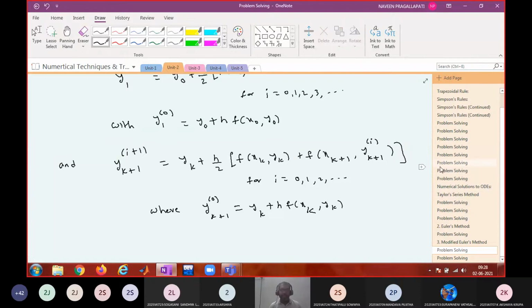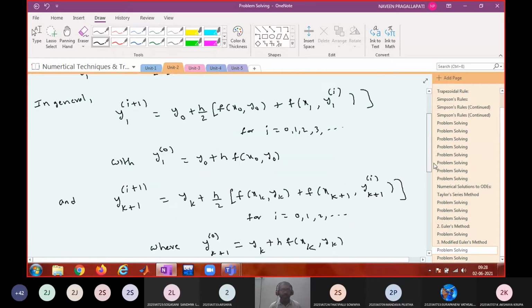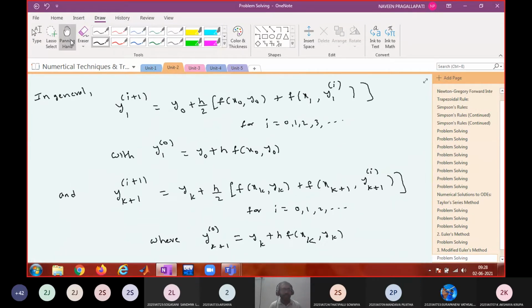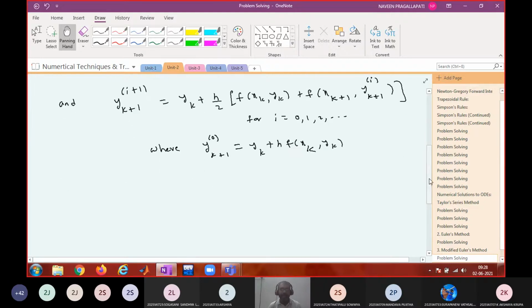Is it fine? So I just wrote the formula from y1 to yk plus 1. If you want y1, the formula will be in terms of x0 and x1. If you want yk plus 1, the formula will be in terms of xk and xk plus 1, yk plus 1. That's it. And if you are repeatedly applying this formula, then you write this. Shall I proceed?